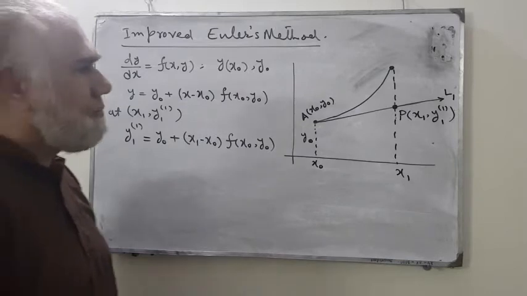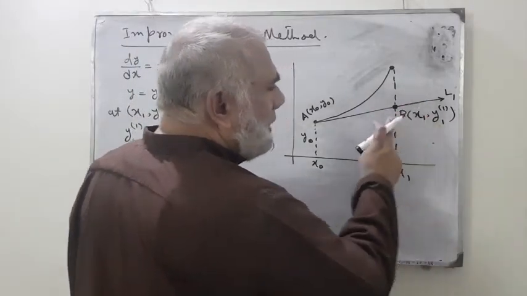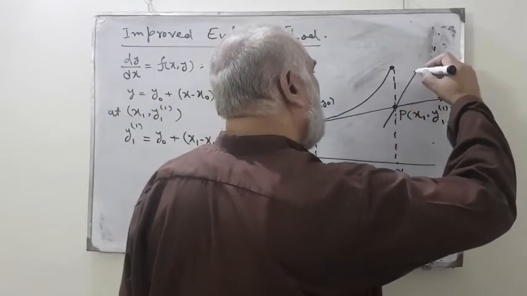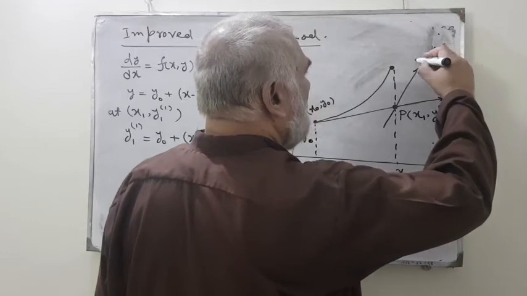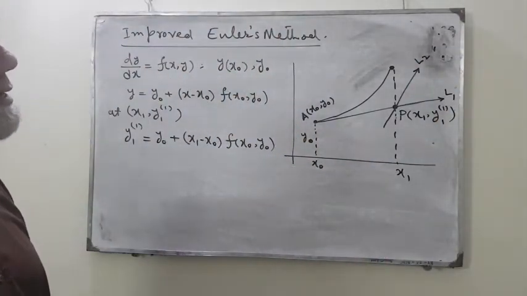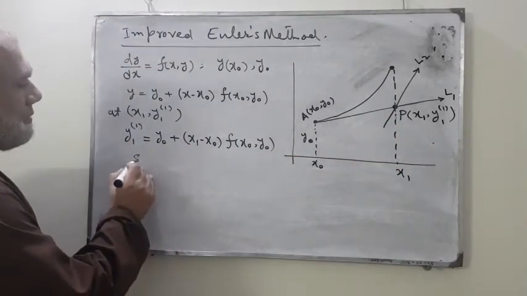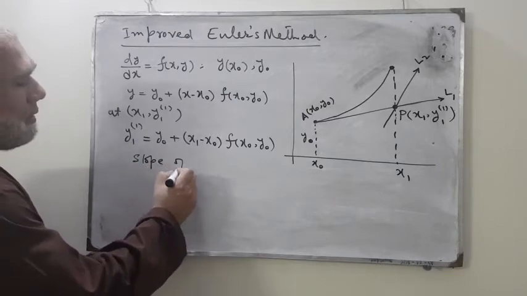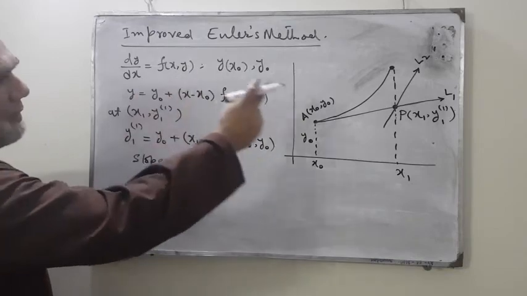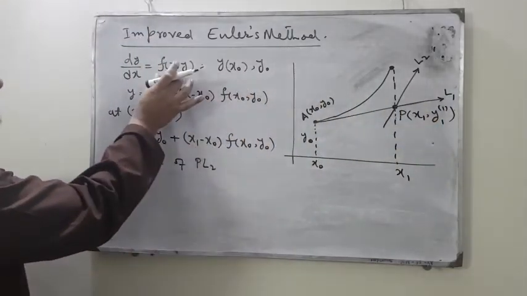Now here, once again, we draw a tangent line at this point P. Suppose this is the tangent line, and we show it by PL2. PL2 is the tangent line at the point P. Then the slope of PL2 can be obtained as we obtained the slope of the tangent line AL1, by putting the coordinates into this equation.